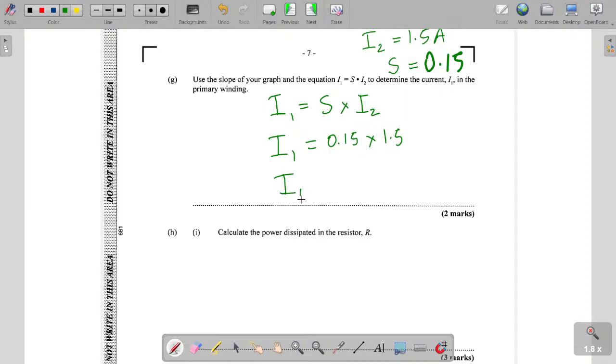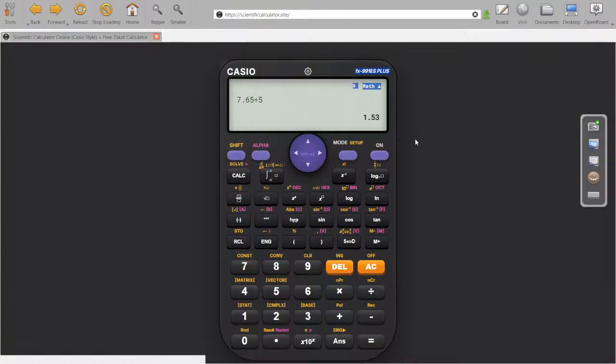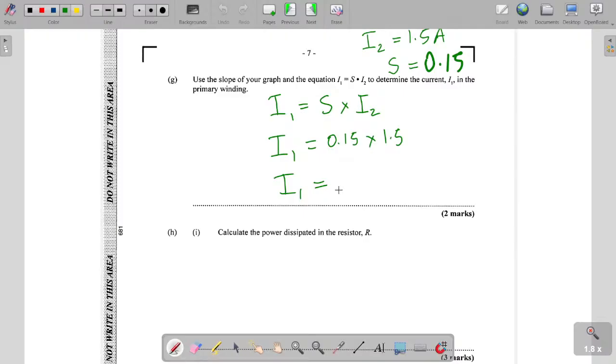So that means our I1 is going to be 1.5 times 0.15, and our answer here is 0.225 amps, or you can round it off to 2 decimal places since the gradient has 2 decimal places, so 0.23 amps, and the answer is to 2 decimal places, so 2 DP. Alright, and that will give you your 2 marks.